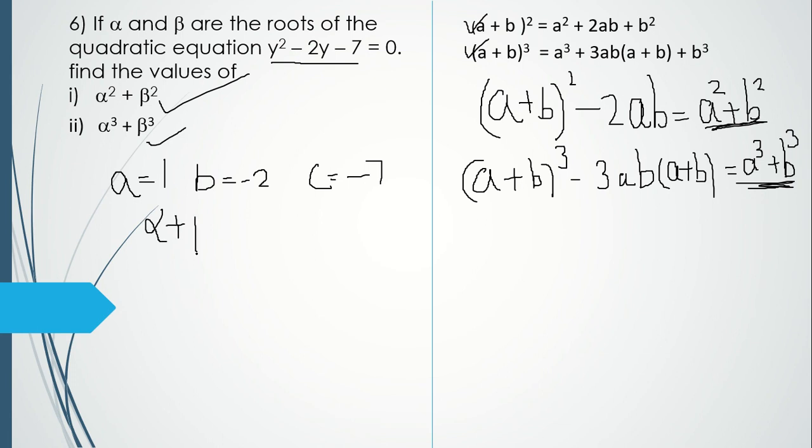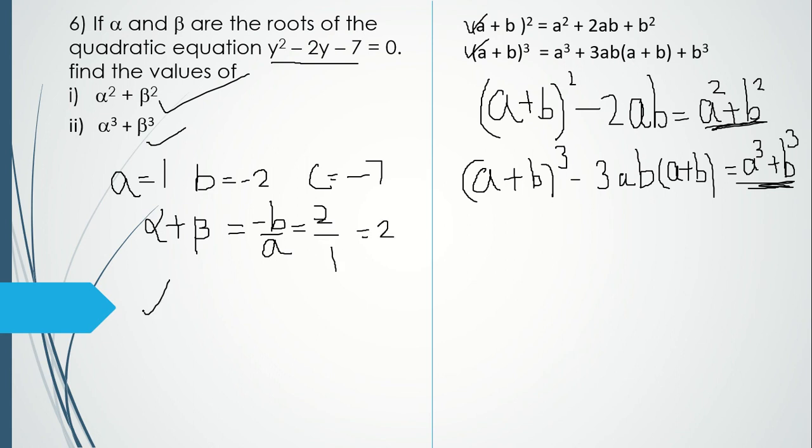Alpha plus beta is going to be minus b upon a. So that's going to be equal to minus of minus 2, so that is plus 2, I'm directly writing it upon 1, so that's 2.